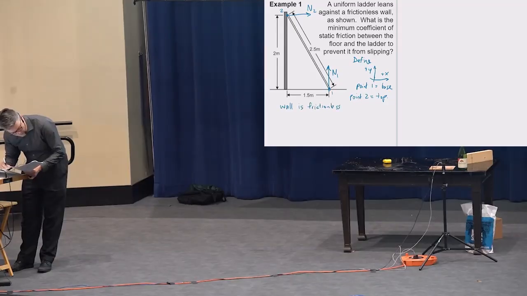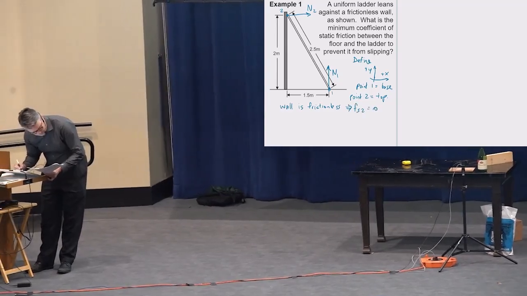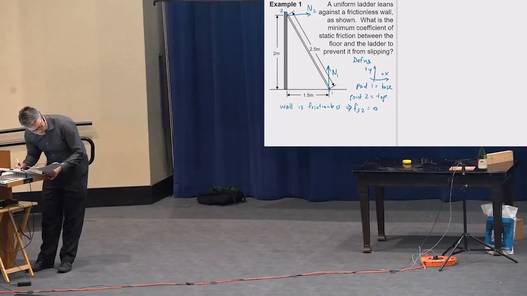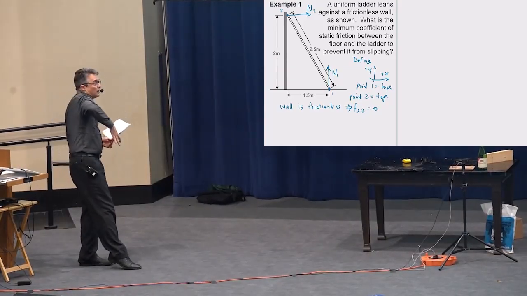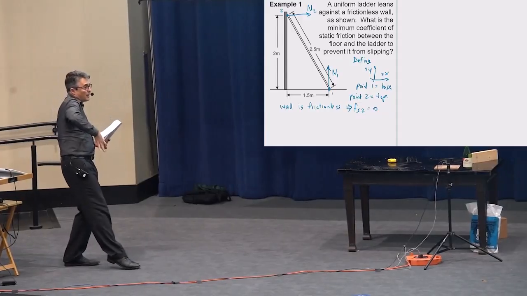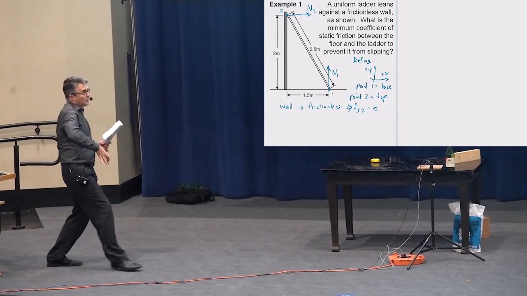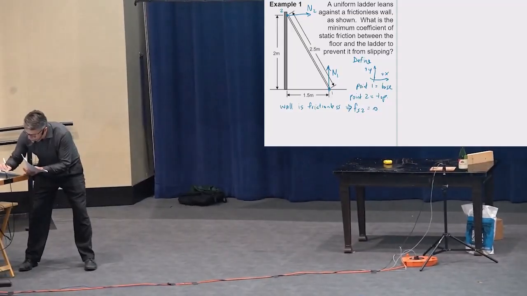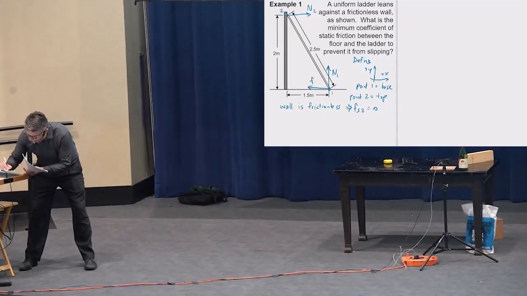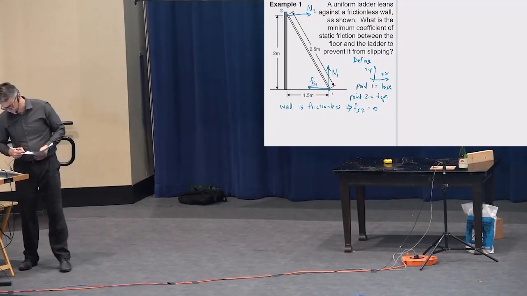So what that means is that if there's any F static at point 2, it equals 0. But I guess maybe if the wall is sort of pushing to the right, probably this might want to slip out to the right. So I think there's a static friction force actually to the left here, Fs, at point 1.